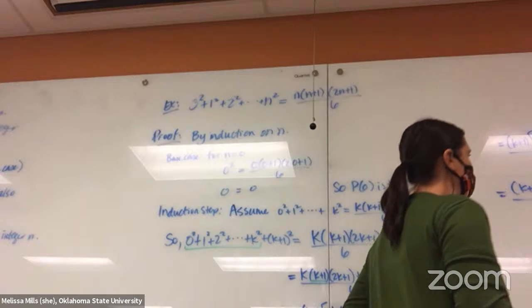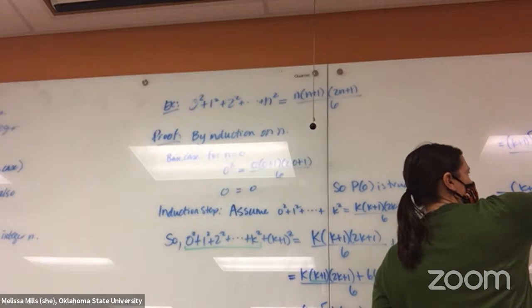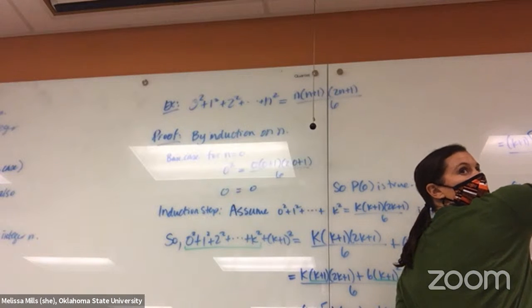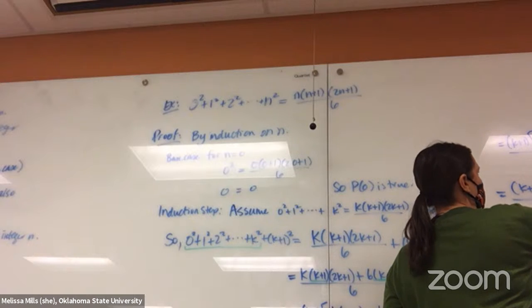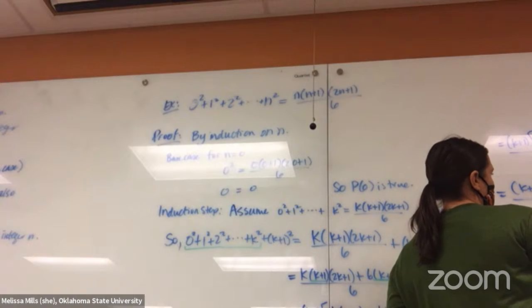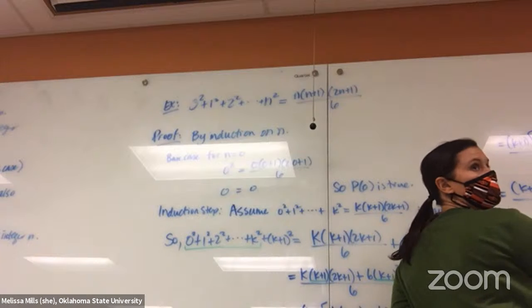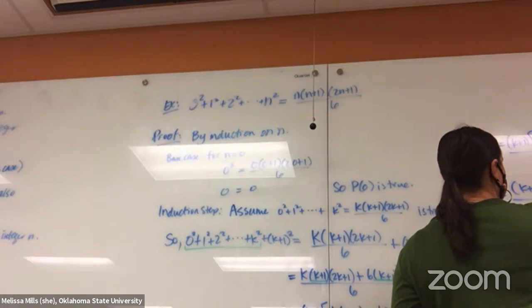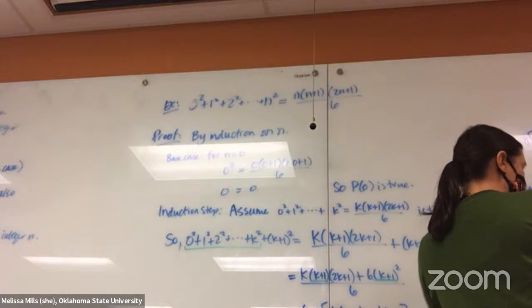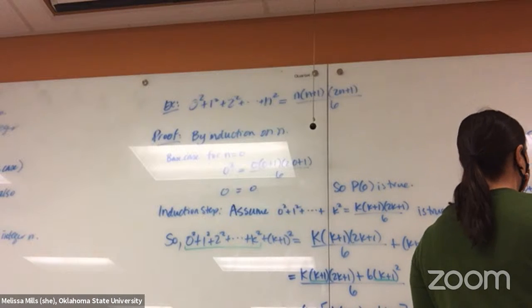Okay, how does it factor? Well, factors of 6 are 2 and 3, right? So I need to put a 2 and 3 here and here, but I need to get a 7 in the middle. So if I do a 2 here, that gives me a 4, and a 3 there will give me a 3. So that works. Okay, and everything's positive. Is that what I wanted? How close am I?